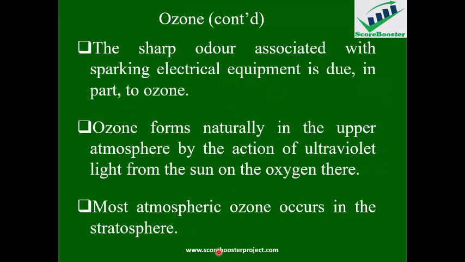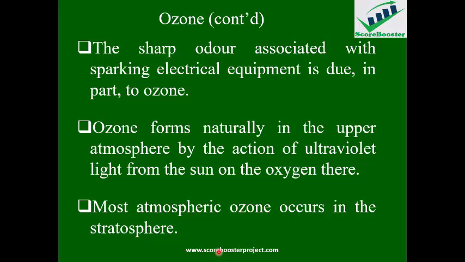There is a very high amount of oxygen in the stratosphere, then ultraviolet rays coming from the sun, also a high amount of heat. So when it strikes oxygen, there is going to be rearrangement. That is when ozone is formed. This stratosphere is around 10 to 50 kilometers above the Earth's surface.